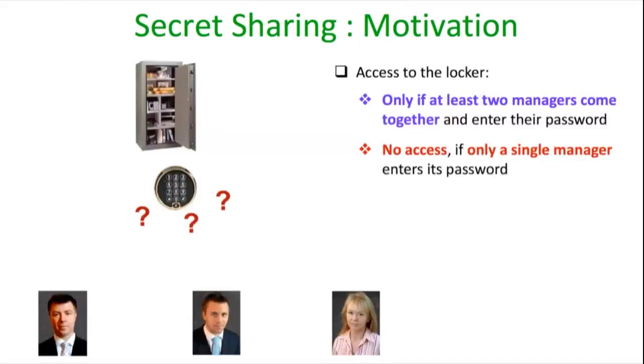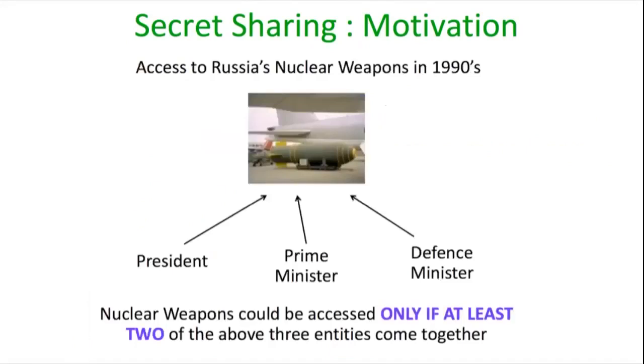In the second application, you have the password to launch the nuclear missile, and it is secret shared among three entities of the country in such a way that only if two entities enter their respective passwords, the missile can be launched. Otherwise, the missile cannot be launched.